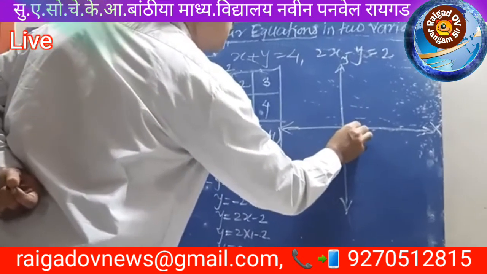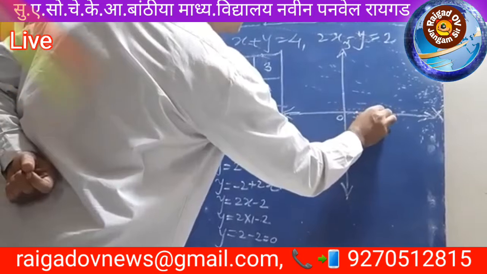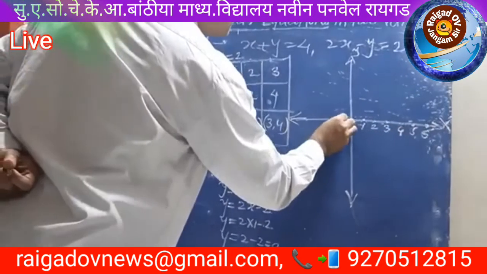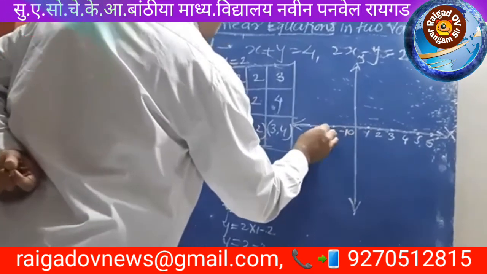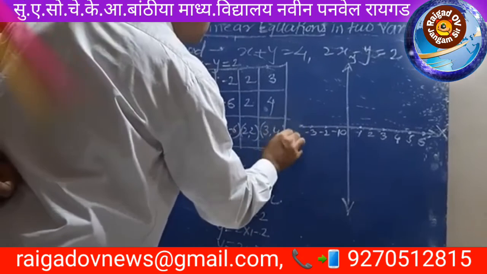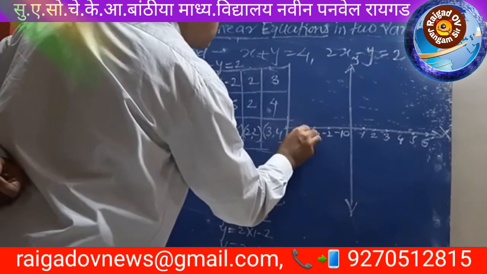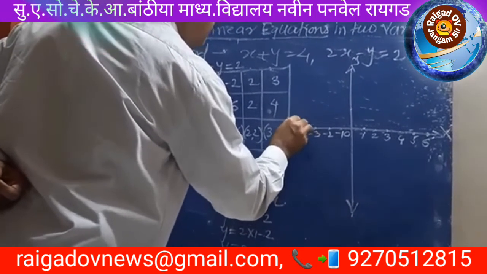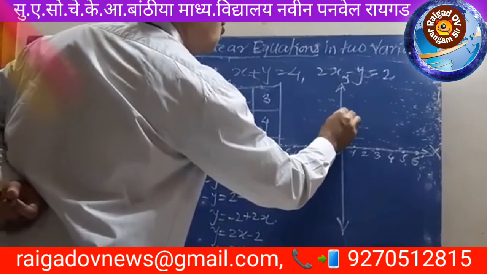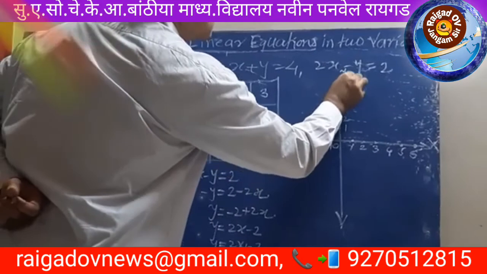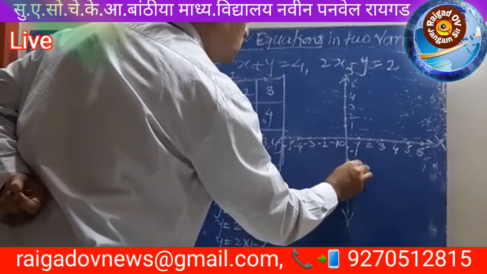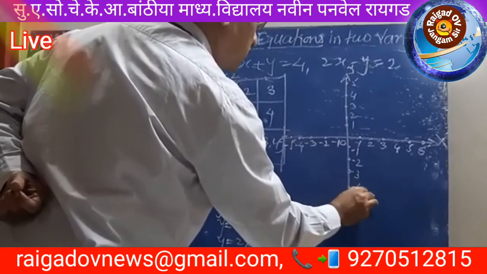This is 0, 1, 2, 3, 4, 5, 6. Minus 1, minus 2, minus 3, minus 4, minus 5 and minus 6. Here 1, 2, 3, 4, 5, and minus 1, minus 2, minus 3, minus 4 and minus 5.